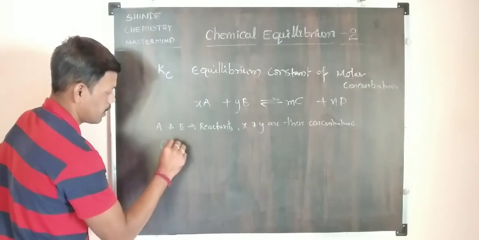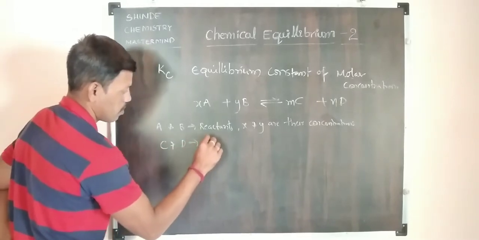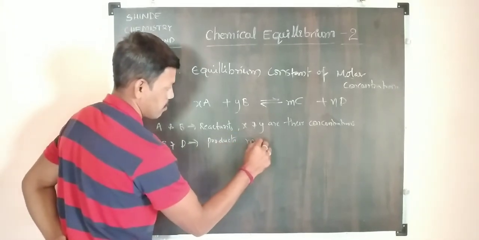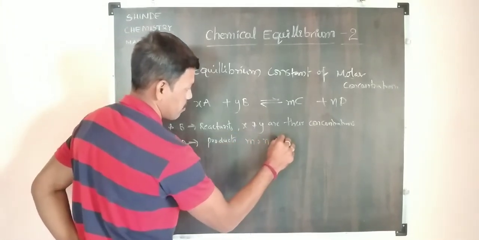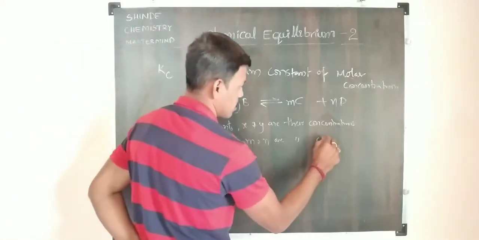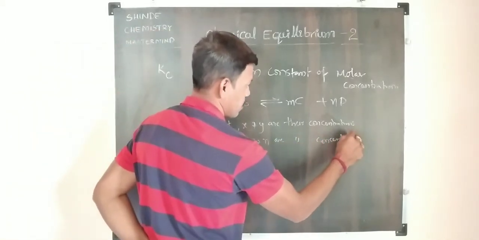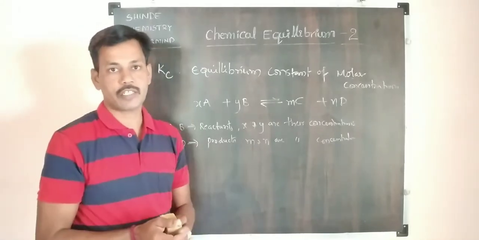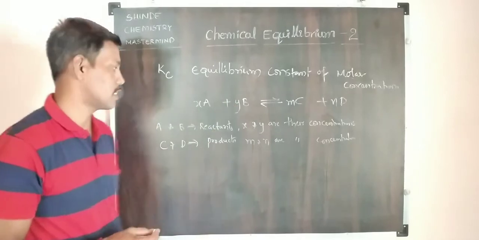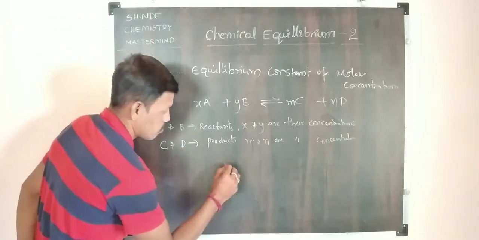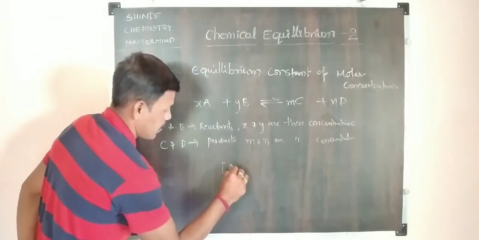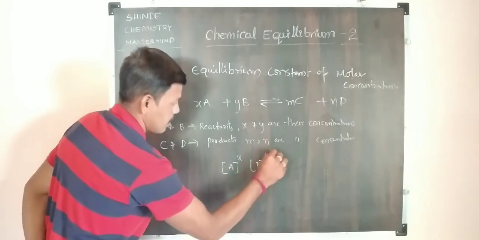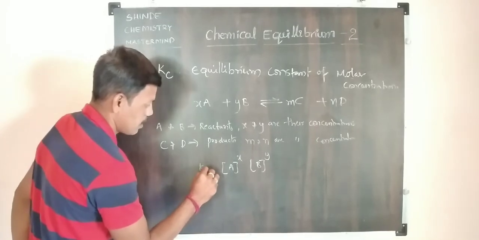Now C and D are products, right? And M and N are their concentrations. Fine. Now here, as per the law of mass action, if you write these reactions, A to the power of X and B to the power of Y is indicated as Kf.